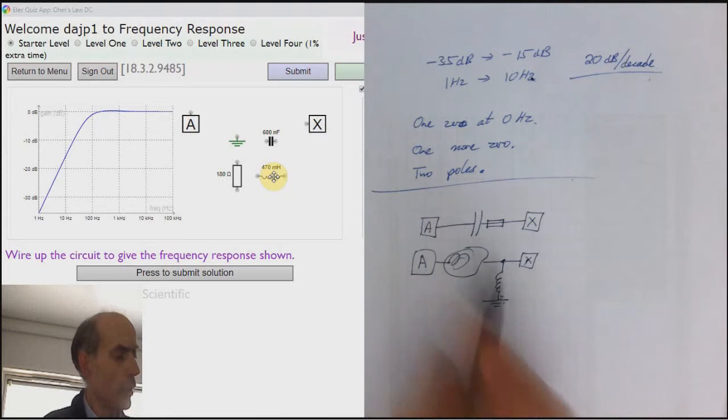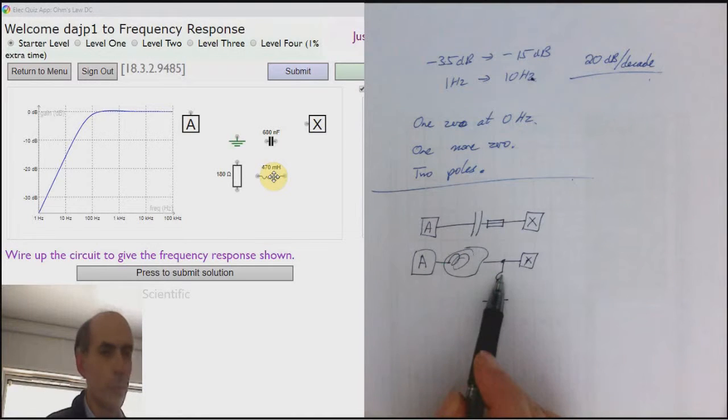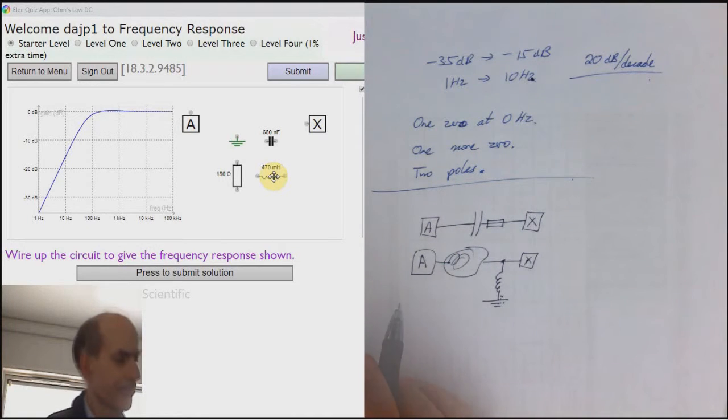If both of these things were true, then we would have 2 zeros at 0 Hertz. We don't. We've only got 1 zero at 0 Hertz. So one of these things must be true, but not the other one.